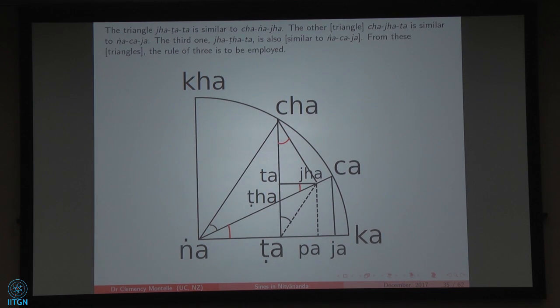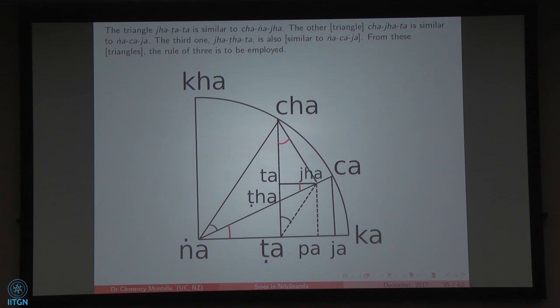I'm resisting the urge, of course, to call these angles, because we're really dealing with the arc, but I've identified angles which are equal with black, we can imagine this is phi, if you like, and red, which is theta. By equivalence, this triangle here is similar to this triangle here because they share this red angle in common.